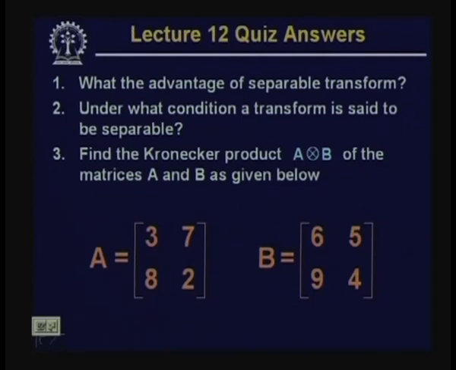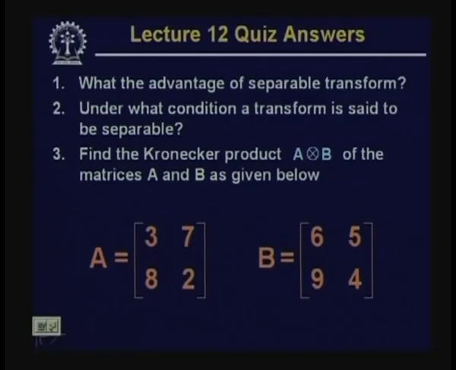This we have already discussed, that if the transformation is separable, then the computational complexity of the implementation will be much less, since we can go for a faster implementation. The second question: under what condition is a transform said to be separable?